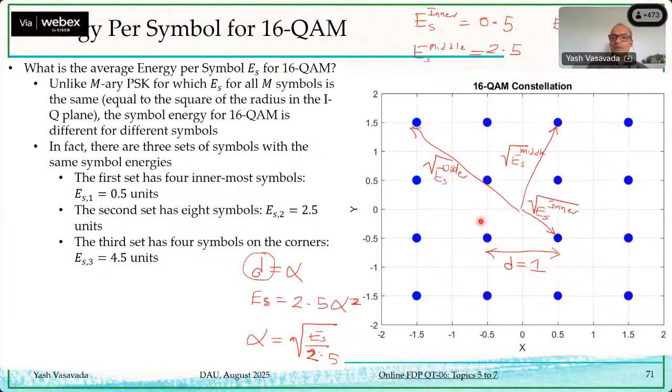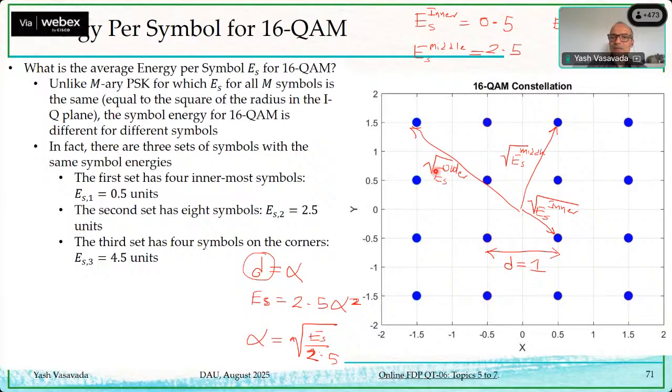When we do the calculation, we realize that this 64-ary QAM has 3 types of symbols. You look at these 4 symbols in the very middle, their energy values are the smallest. This is what I'm calling Es inner. Then there are 10 points.